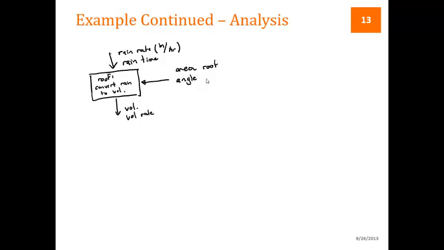Is it a very steep roof or is it a shallow roof? Again, something we can control now, the material perhaps that it's made out of, if that matters, this type of thing. Okay, so you get the idea. Then our next box was what's storing, and I was storing it in tanks.